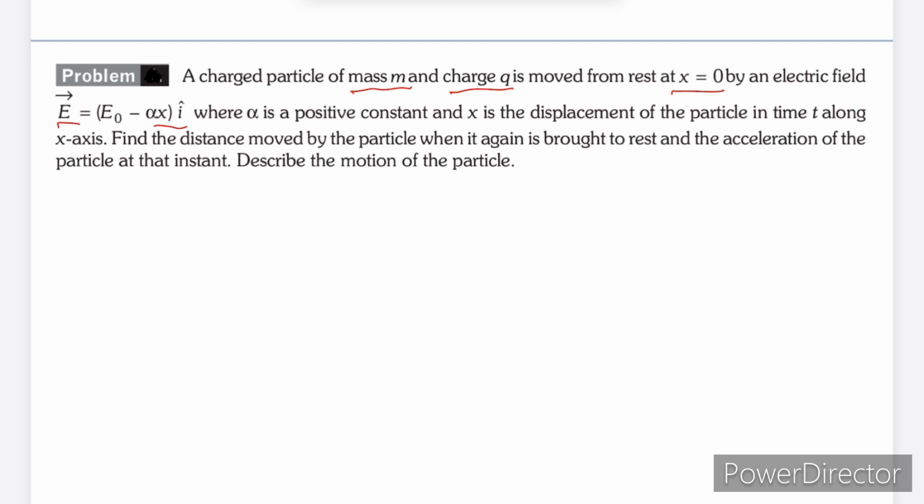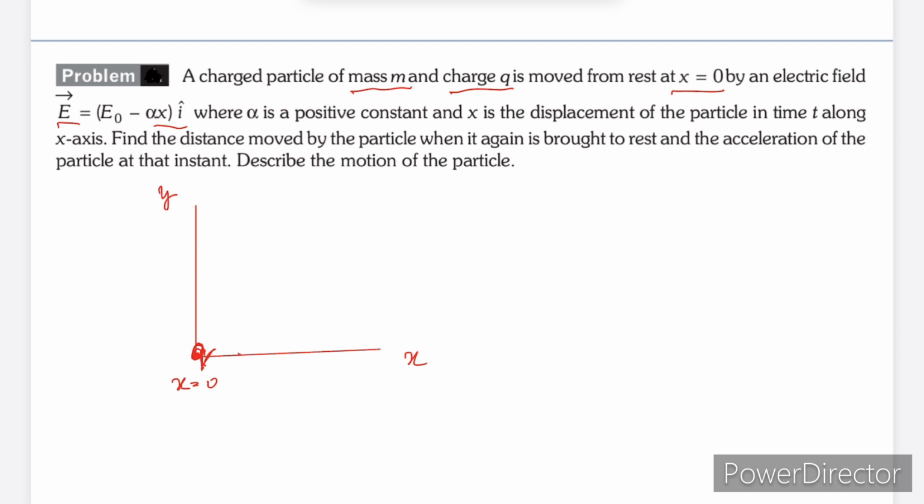So as you can see, if we plot our charged particle on the xy axes, this is your x axis and this is your y axis, and this is 0. Here x is equal to 0, and a charged particle q is moving in an electric field.